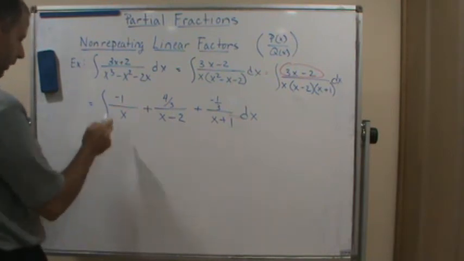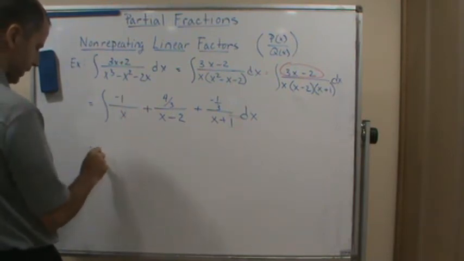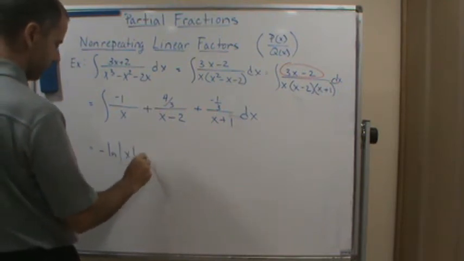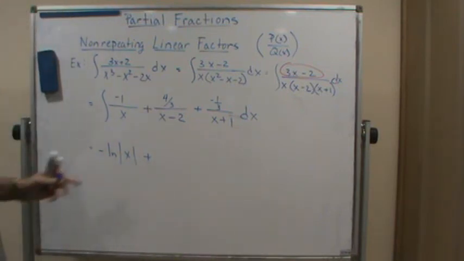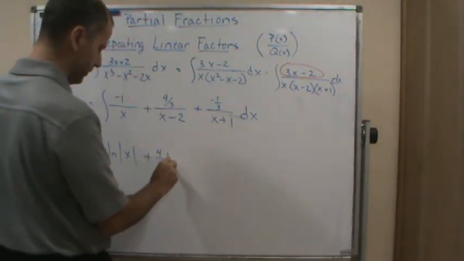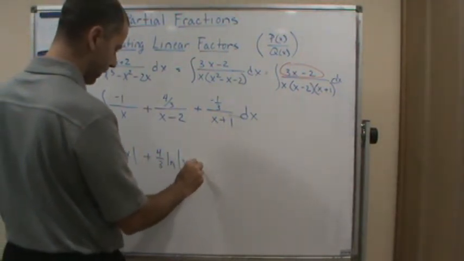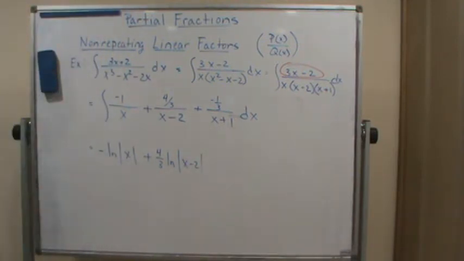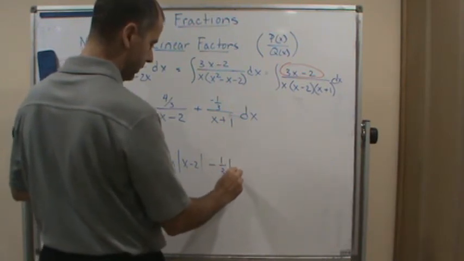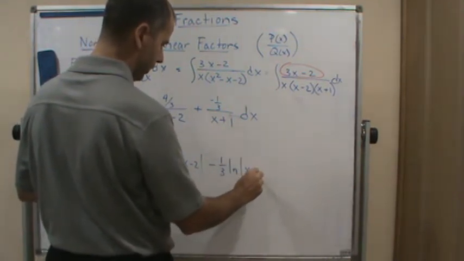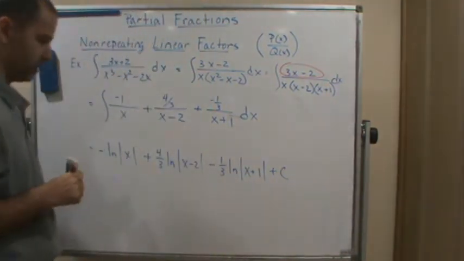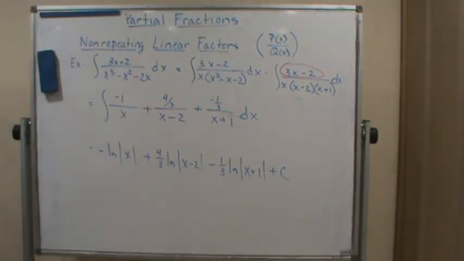This negative 1, I can deal with this. So this becomes negative the natural log of the absolute value of x plus, same thing, I could pull the 4/3 out. This becomes 4/3 times the natural log of the absolute value of x minus 2, minus 1/3 times the natural log of the absolute value of x plus 1, plus my constant of integration c.